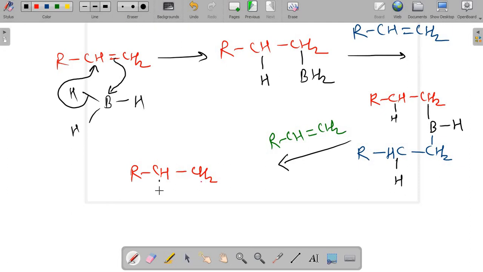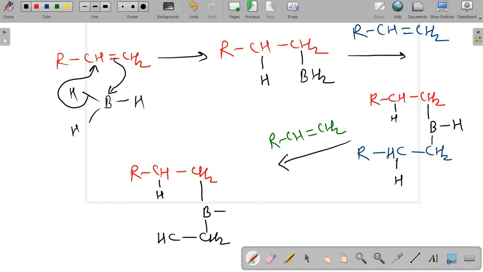The other groups remain as they are on boron. Now this third molecule, that is CH2, CH and R, has the boron-containing hydrogen attached to the middle carbon atom. This means overall 3 alkyl groups are attached to this boron. If I write this in short, how is it to be written?